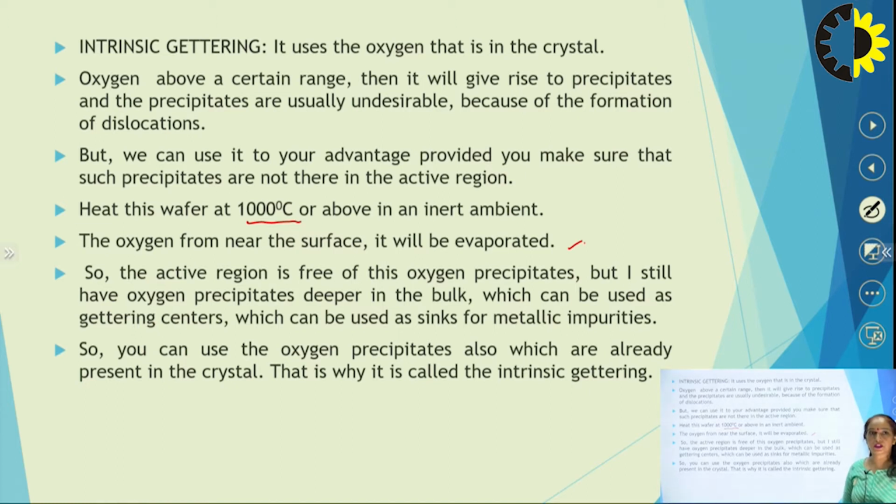and there will be no precipitation in the active region. But still we have the oxygen which is deep in the bulk. Suppose this is the silicon wafer.